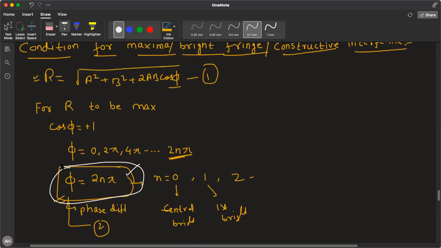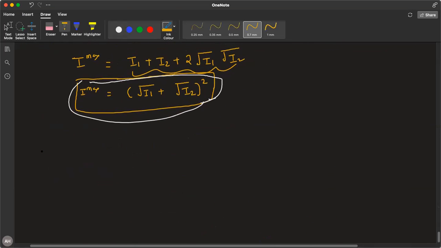Now, just like maxima, we can do our calculations for minima also. Conditions for minima. Minima, or you can say dark fringe, or destructive interference.